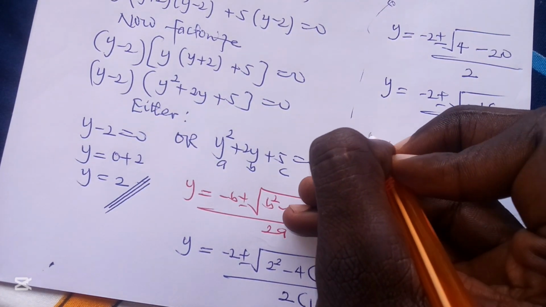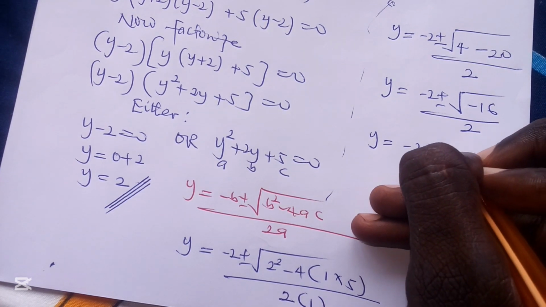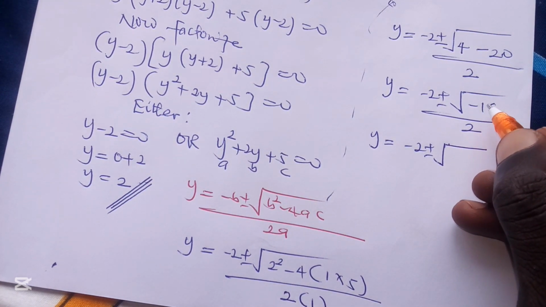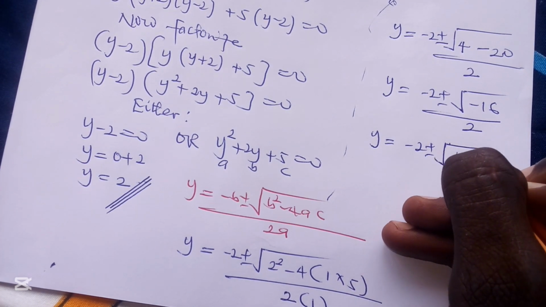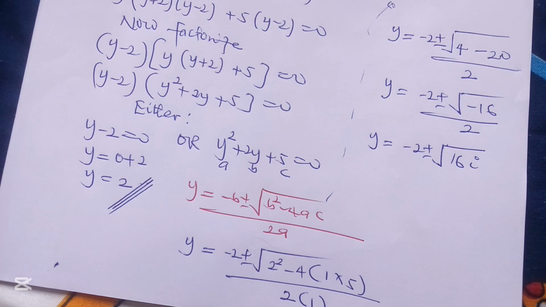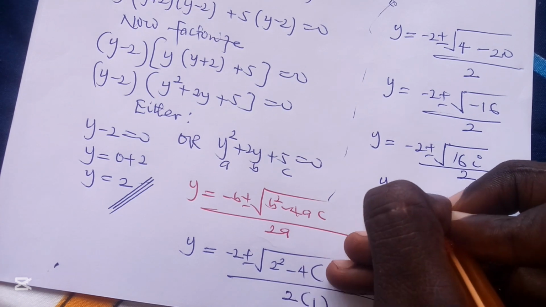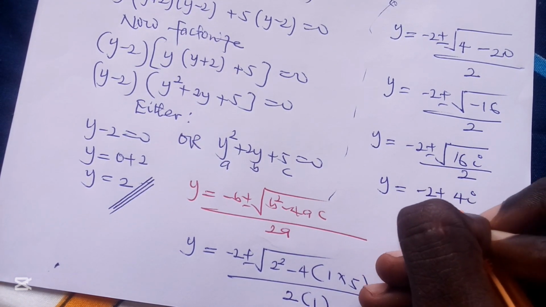Now we can say y is equals minus 2 plus or minus the square root of minus 16. We know this is just like 16i, meaning this is an imaginary number from complex numbers, divided by 2. So therefore we can say y is equals minus 2 plus or minus the square root of 16, giving you 4i, divided by 2.